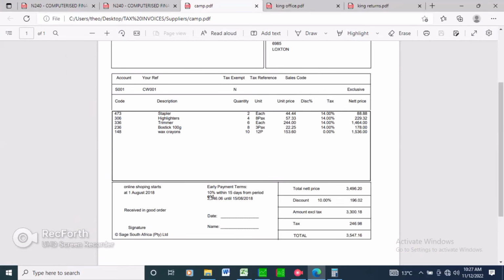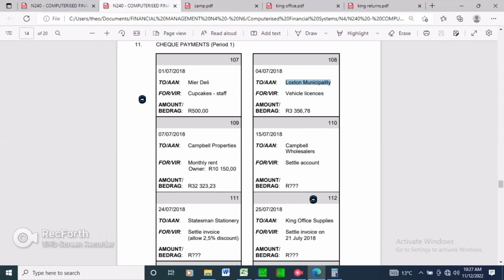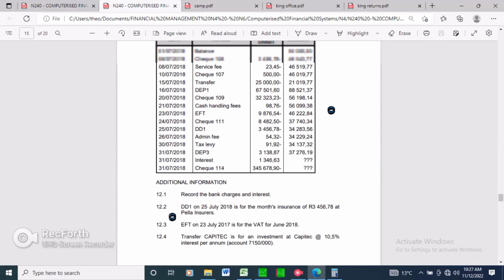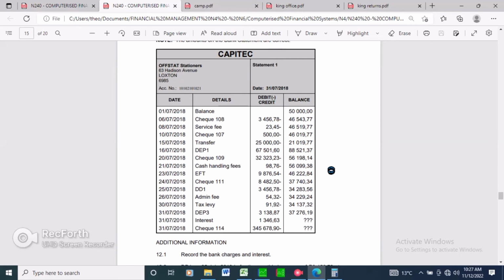Let's go to check number 108. As you can see, we have 3,358.78 cents. But under our bank statement, guys, we have 3,456.78 cents, guys. How to record this, guys? Check the date.